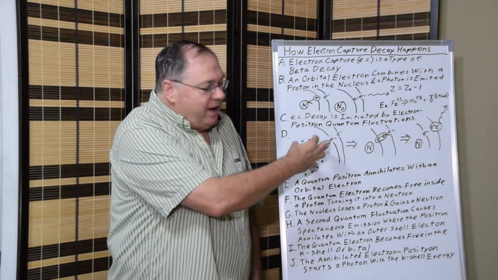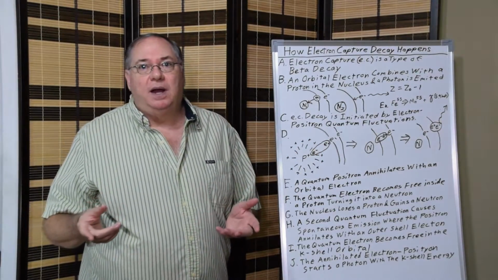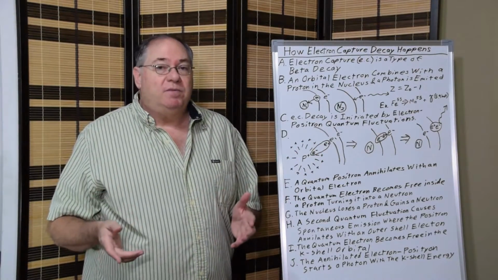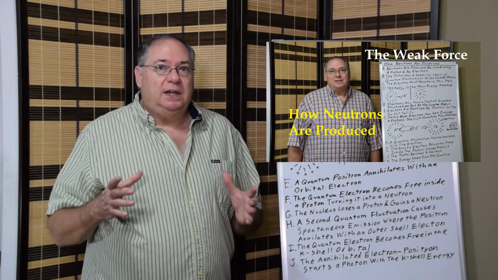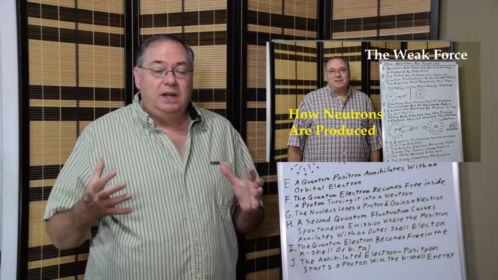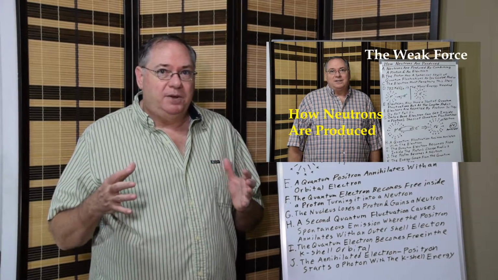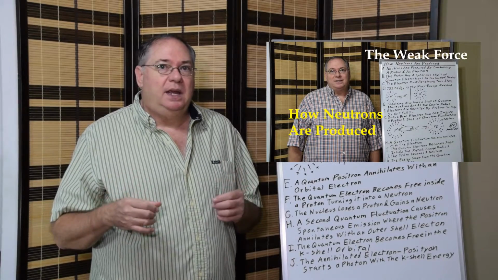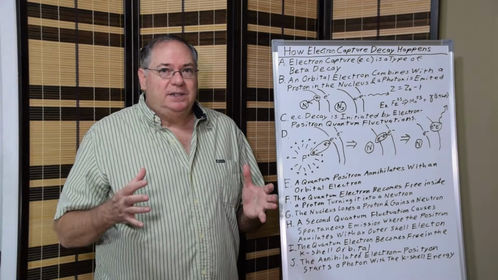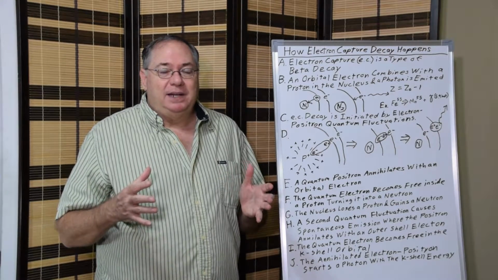So how the interaction happens, if you go back to my video on how a neutron forms, a proton, we know from scattering experiments, has a shell at its charge radius, and the shell appears to be composed of quantum fluctuations. So these quantum fluctuations have this protective shell, and it's rotating at the speed of light.